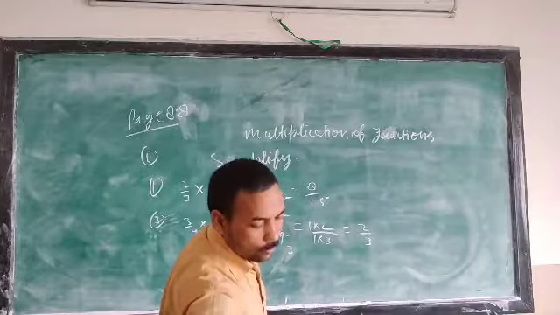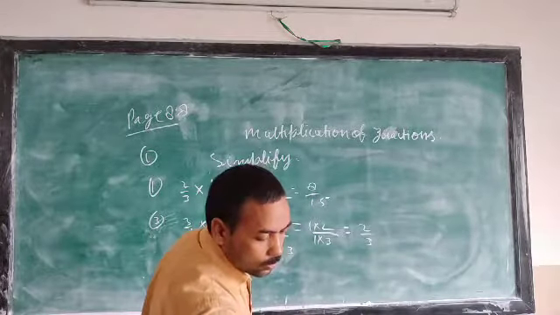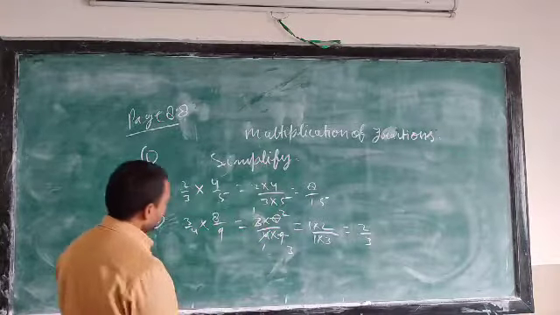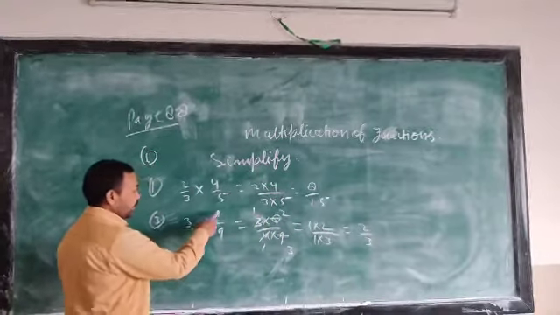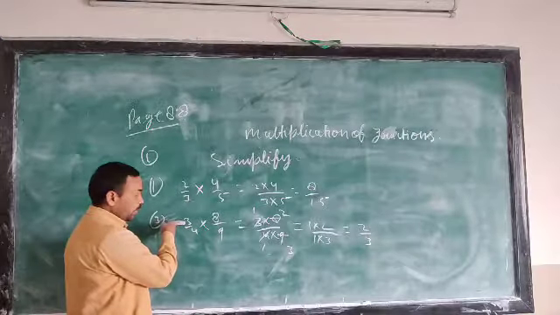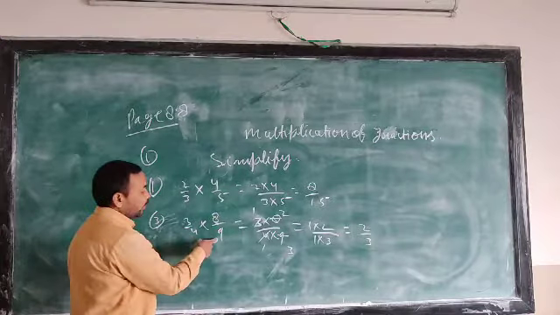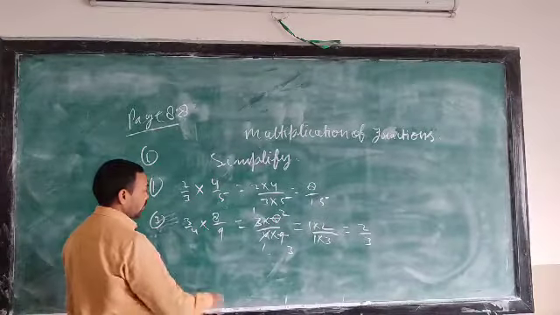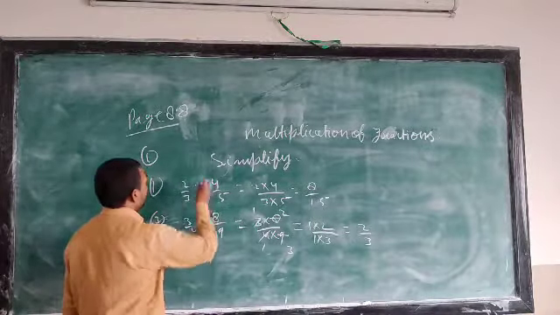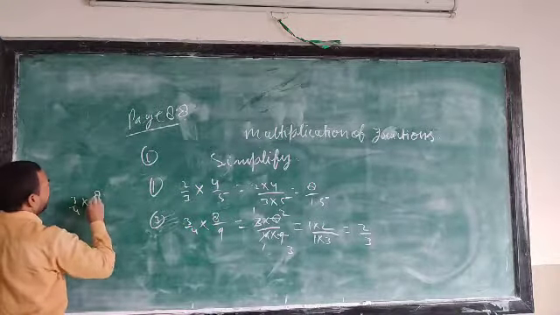Or directly you can do it like this. Check from here, students: 3 and 4 no common factor, 8 and 9 no common factor. So you have to check in order: first numerator with second denominator, and second numerator with first denominator. So 3 and 9 have a common factor 3. So you can cut directly like this: 3 by 4 into 8 by 9.